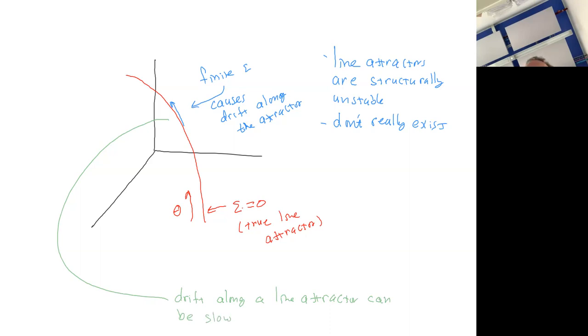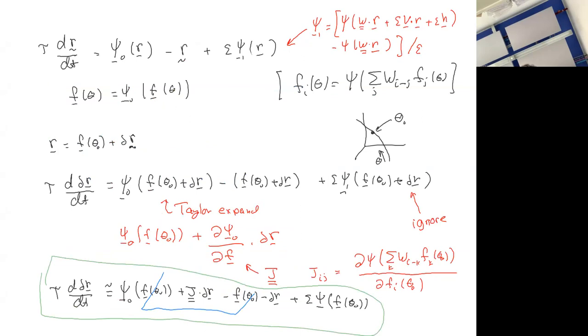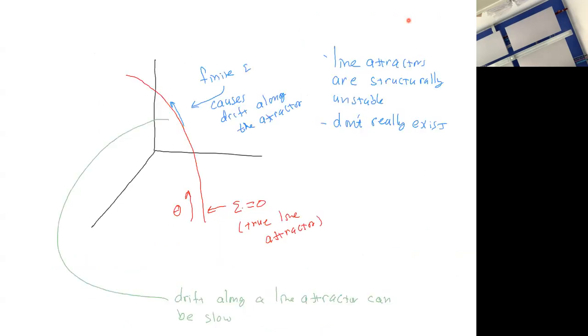It scales with epsilon, with how much you perturb your function around this thing, and epsilon can be small, and so you get slow drifts. And so slow drift along a line attractor can be super useful.